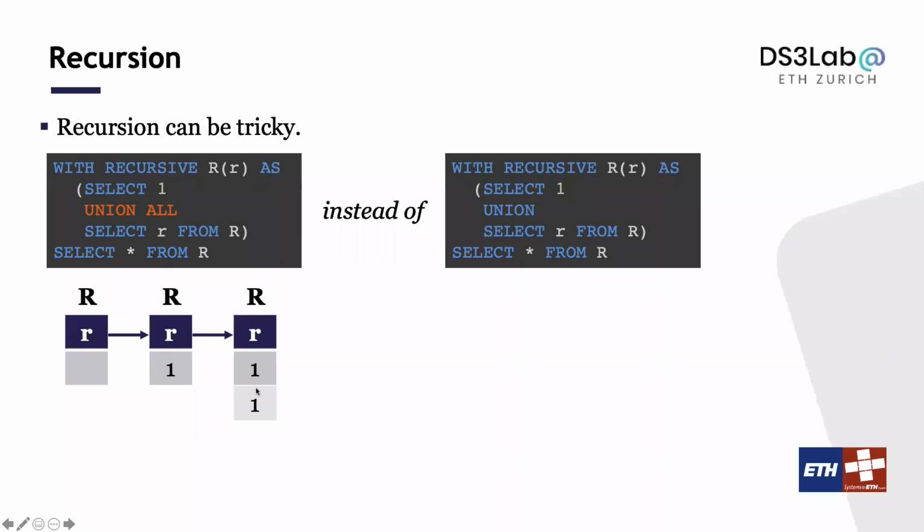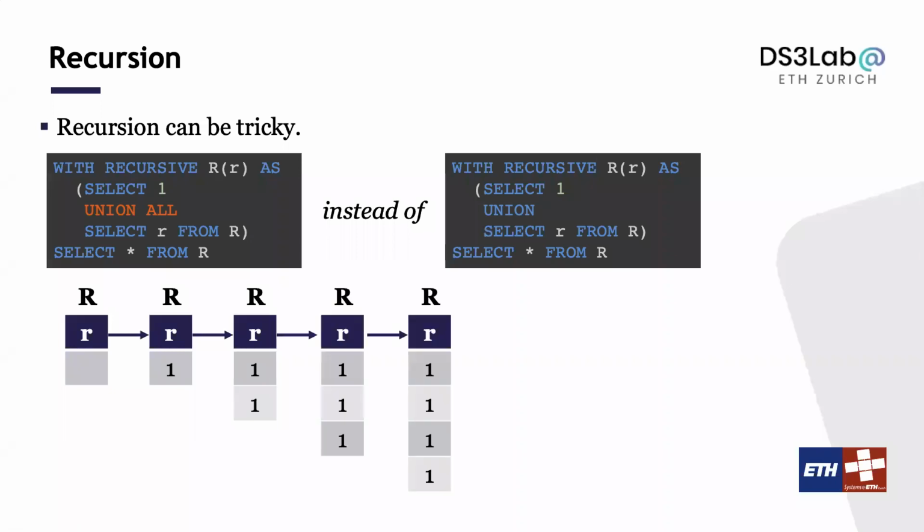I'm going to have 1 relation with 2 tuples, and both tuples are 1. You keep doing this, and as you can see, the relation keeps growing even though it's the same number. It's going to store that multiple times, and the relation keeps getting larger and larger. Also, this won't terminate, because you never reach a point where you do not introduce any changes to your relation anymore.